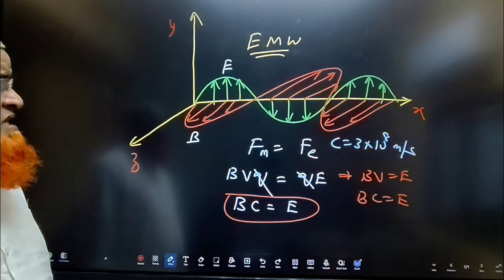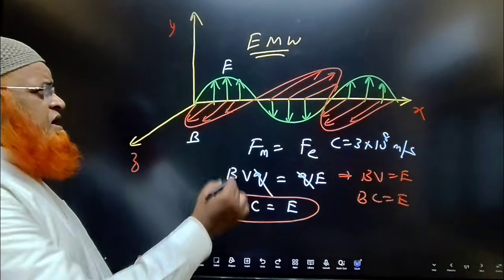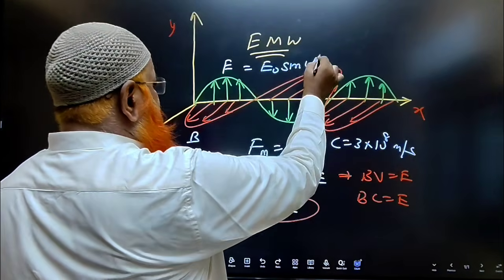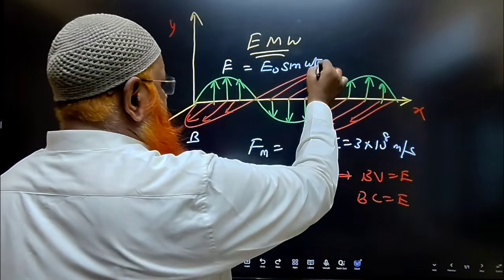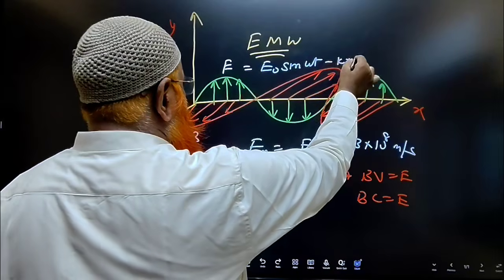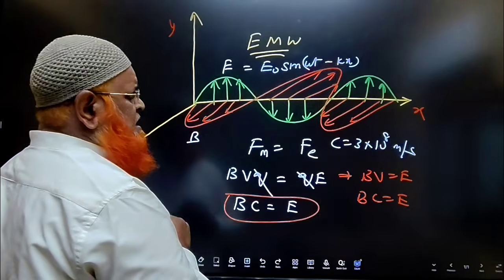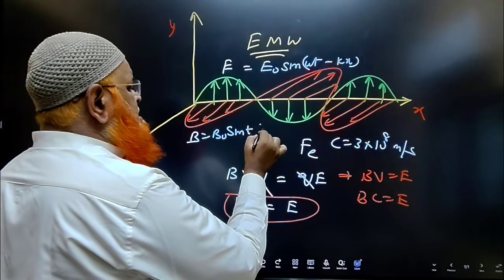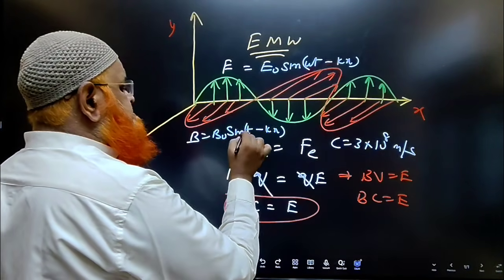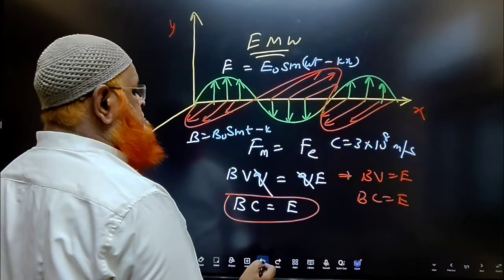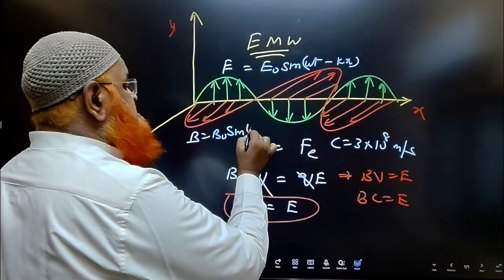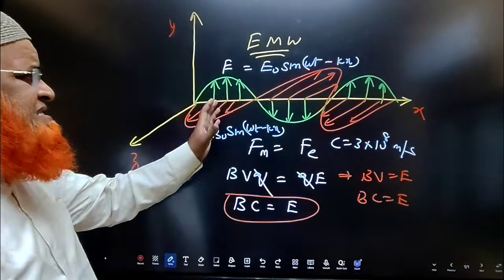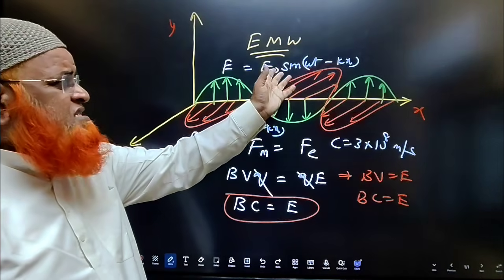Understand? And this electric wave is given by the wave equation E naught sine omega t minus kx. The magnetic wave is given by B naught sine omega t minus kx. So here this is a sinusoidal wave expression given like this.